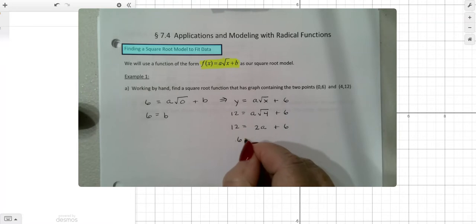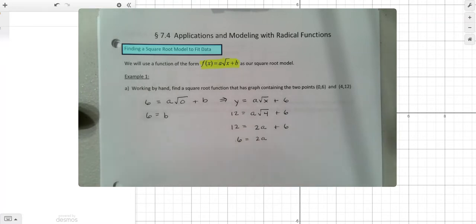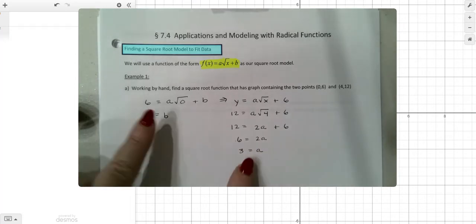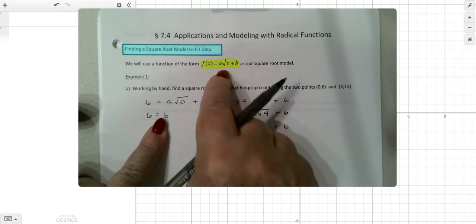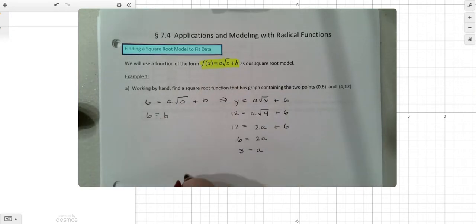Subtracting the 6 is equal to 2a, and so a would be equal to 3. I know both a and b, so I now know my model. The function 3 square root x plus 6 would be a square root function that contains both of those points.